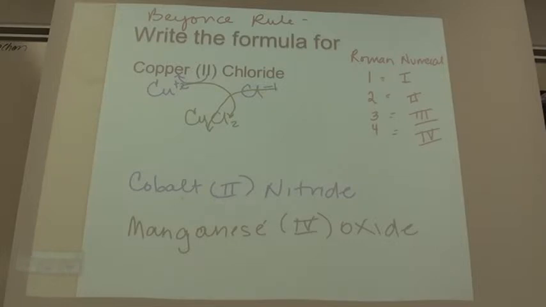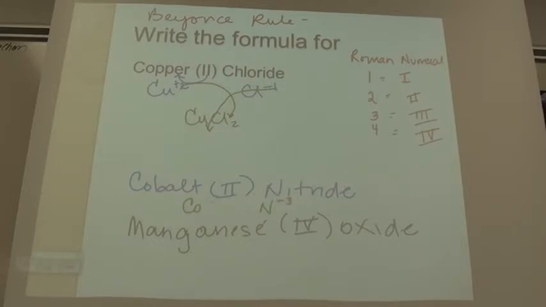Cobalt, number 27, for those of you who are still looking. Nitrogen. Nitrogen is in group 15. It has an oxidation number or charge of -3.